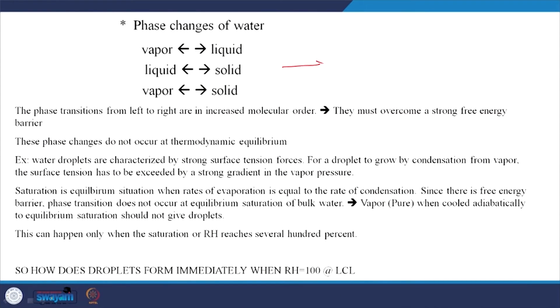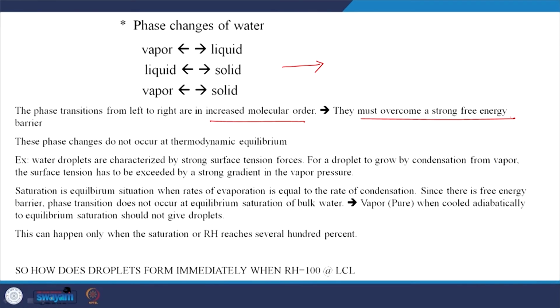The phase transitions from left to right are the ones which result in increased molecular order. That means if liquid arises from vapor, that is, vapor transforms its phase to liquid, then it has resulted in increased molecular order. For increased molecular order, they must overcome a strong free energy barrier naturally, right.